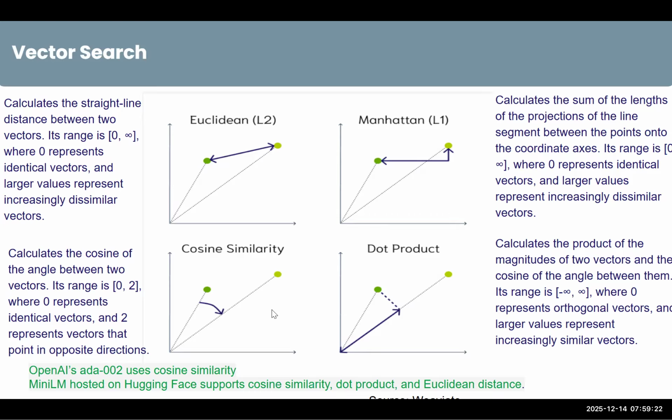These two entities can be the items within the database or the query and all the items in the database. So Euclidean distance, as you can see in the definition, calculates the straight line distance between two vectors. It ranges from 0 to infinity. 0 represents identical vectors and large values represent increasingly dissimilar vectors.